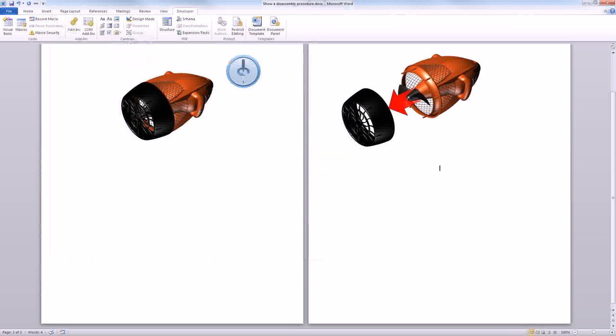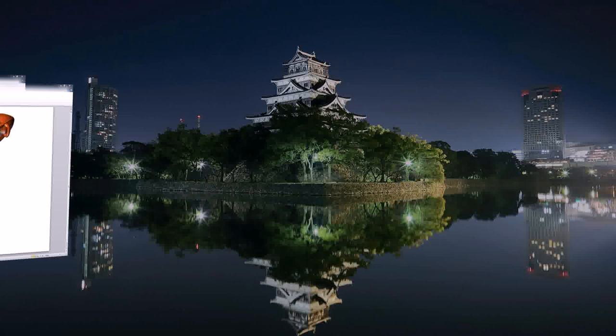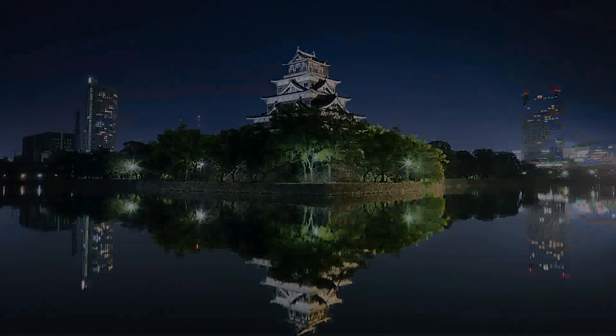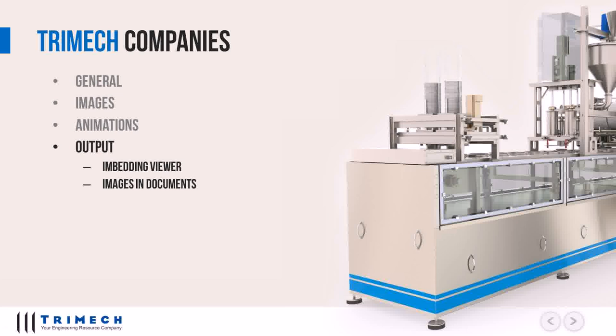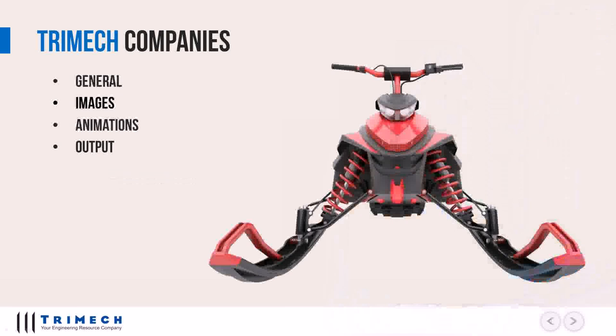Okay? So I think that's all the time that I have for today, but I just wanted to review again that we went over some general settings while working with Composer. I showed you a few tips and tricks while working with your images in Composer. I also showed you how easy it is to create an animation and some subtle hints on things that you can do to make your animation stand out a bit more.